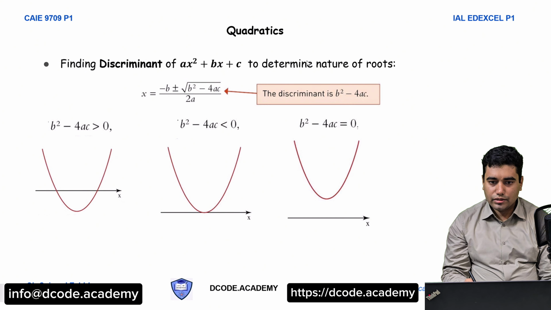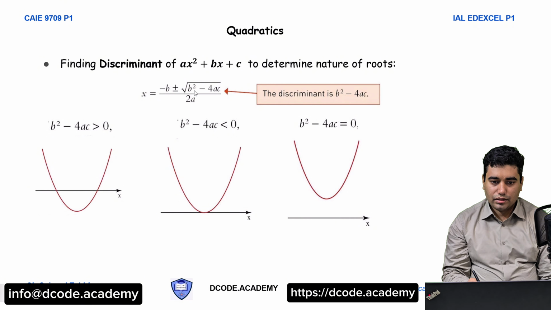Next topic in this chapter is how we can use the discriminant of the quadratic equation to determine the nature of the roots. Roots, or the x-intercepts: a quadratic equation can cross the x-axis 2 times, so 2 real roots. It can be tangent, one root, a repeated root, or it may not cross the x-axis, no root.